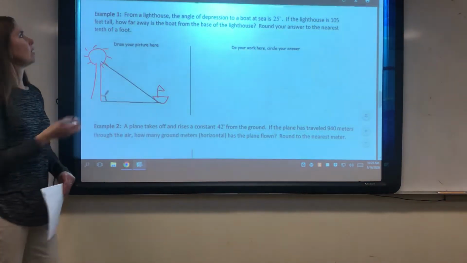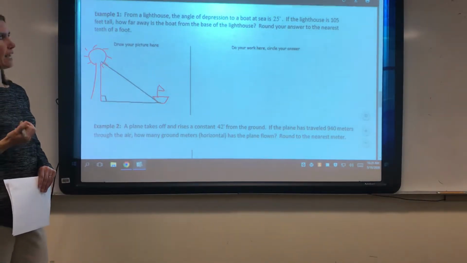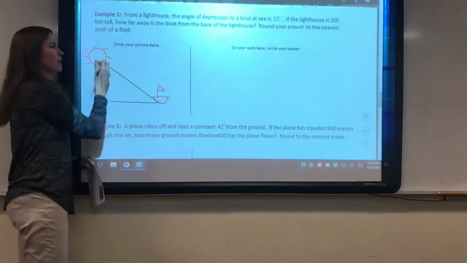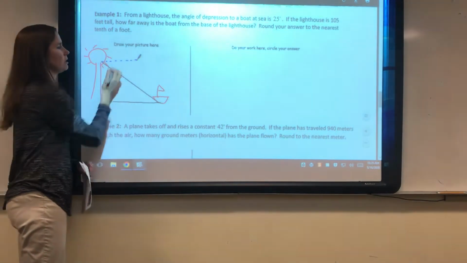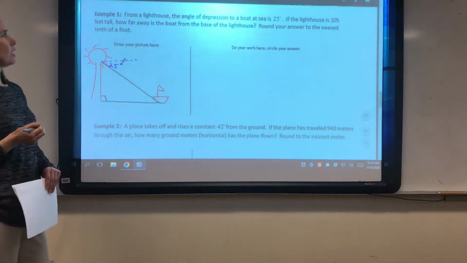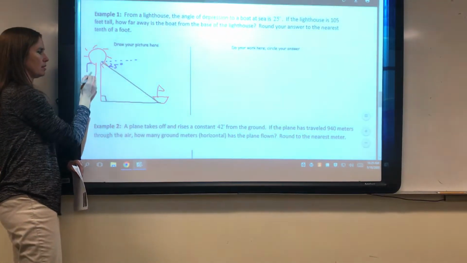Okay, now if I read back through the problem again, it says, from a lighthouse, the angle of depression to a boat at sea is 25 degrees. So from the horizontal, pointed downward at the boat, is this 25 degrees. All right, if the lighthouse is 105 feet tall, so here is my lighthouse.